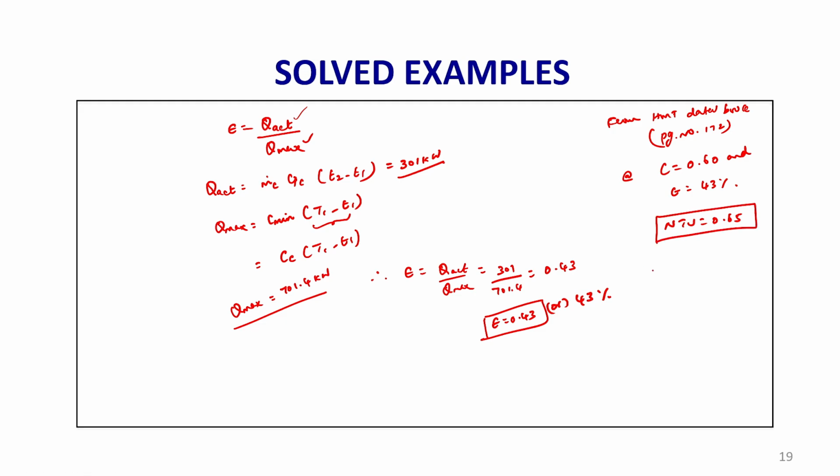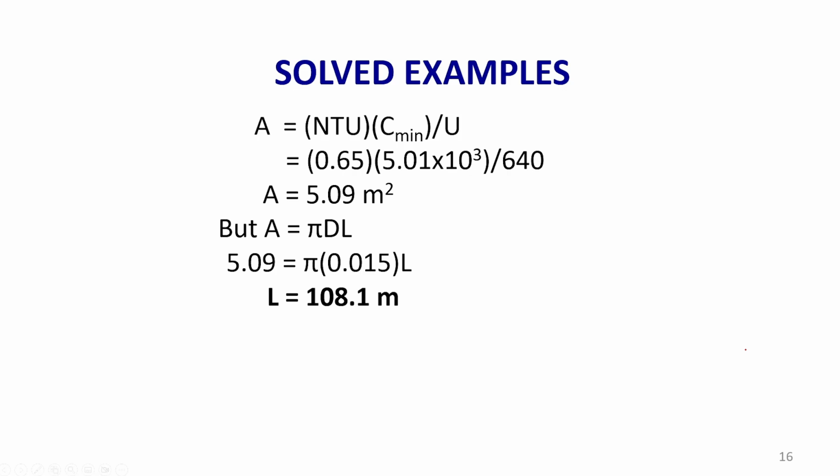Now NTU is equal to UA by C minimum. Therefore U into A by C minimum is equal to 0.65. Here we know the value of C minimum, we know the value of U, therefore the surface area can be found out. A is equal to 5.09 meter square.